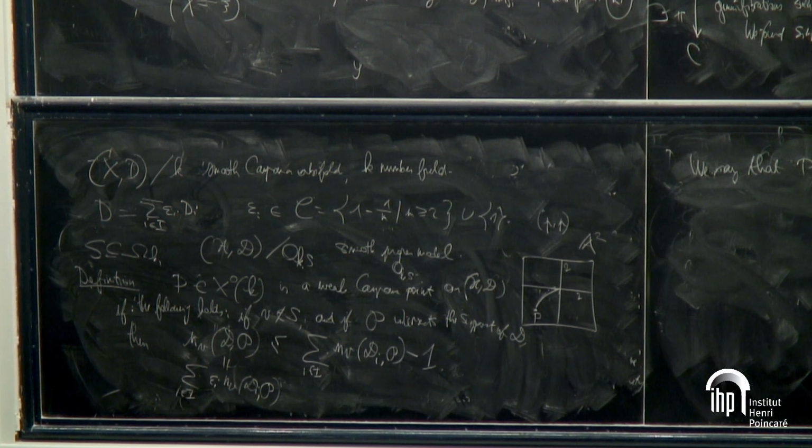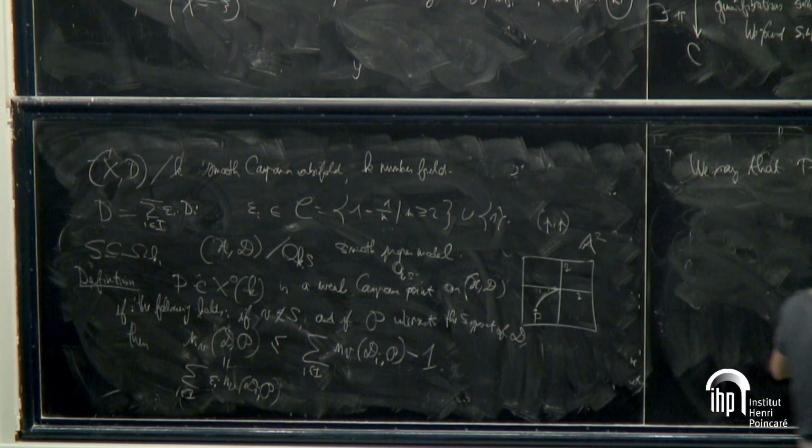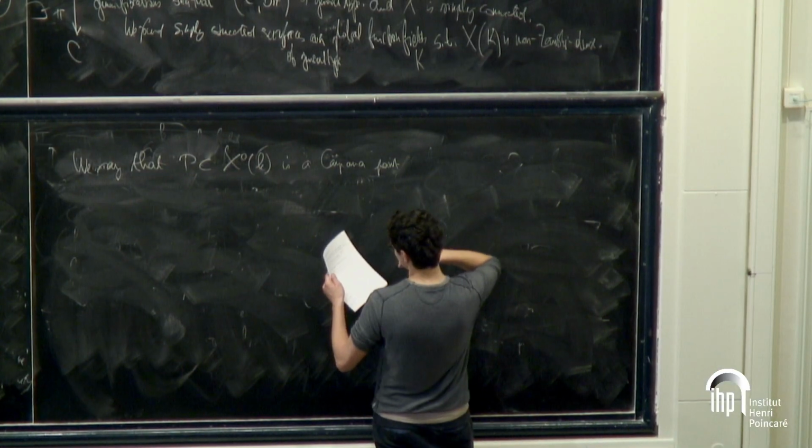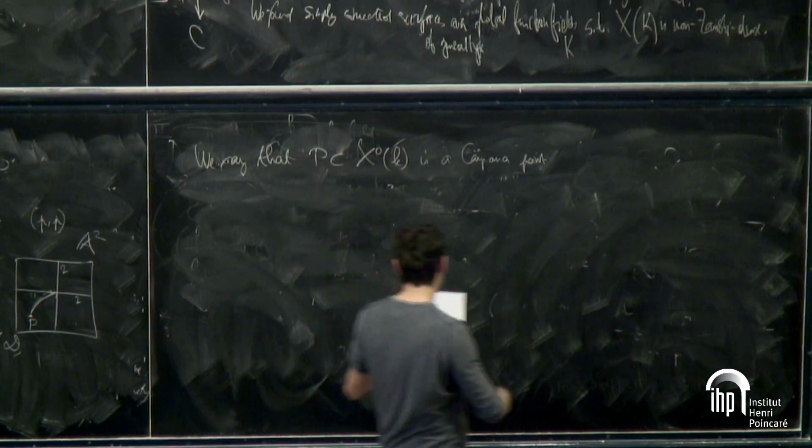If you want, you can think of strong or non-weak, but we just call it a Campana point in upcoming work. So we say that P is a Campana point if our conditions hold with respect to individual components of the boundary.